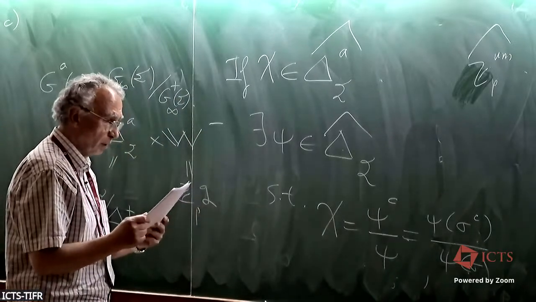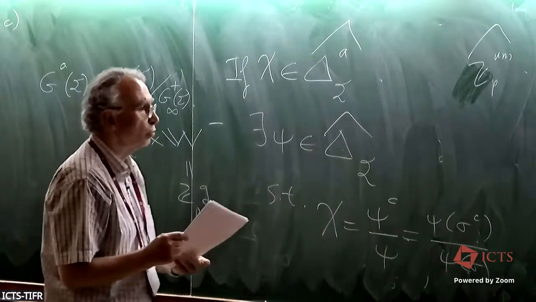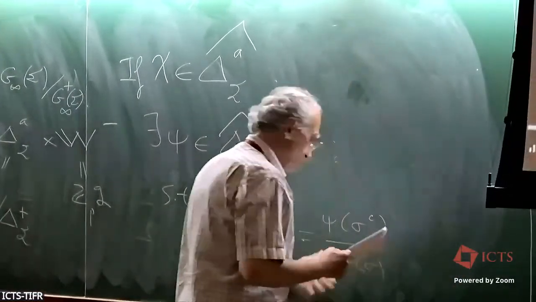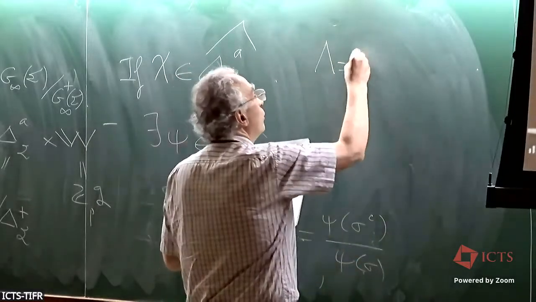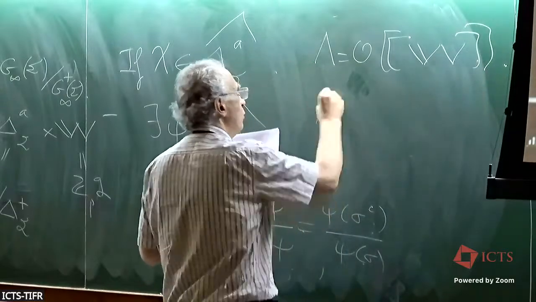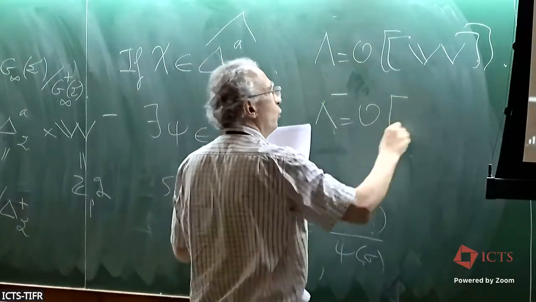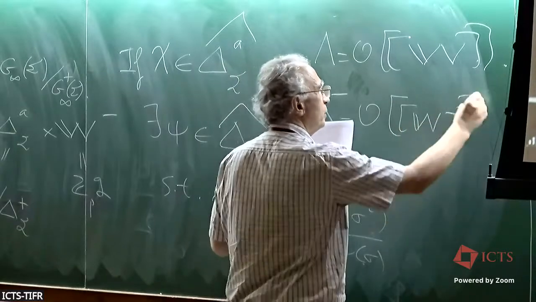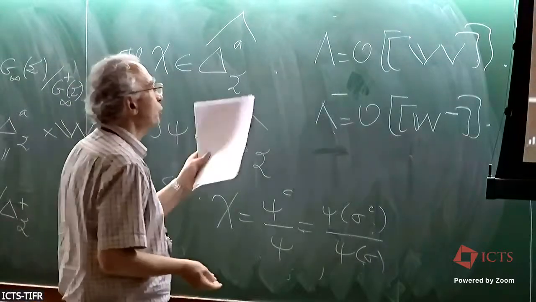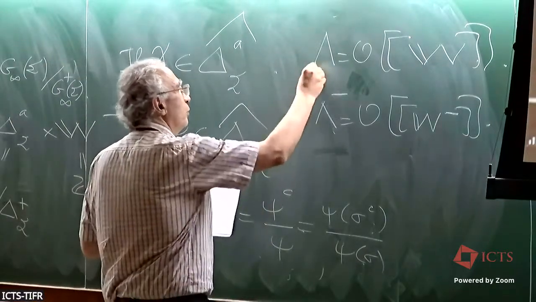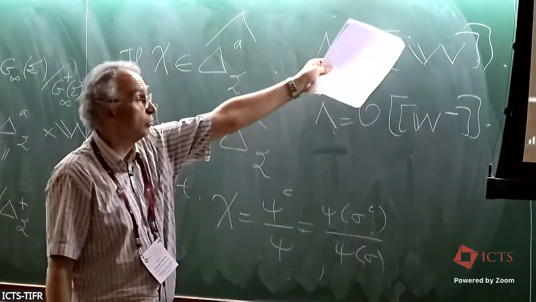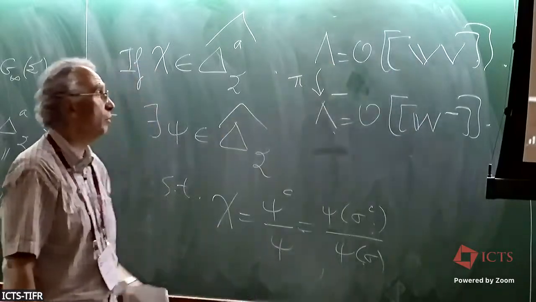And so we introduce Iwasawa algebras. The big Iwasawa algebra is lambda, O double bracket W, and the anticyclotomic Iwasawa algebra, lambda minus, is O double bracket W minus. Of course, there is a projection pi coming from dividing by W plus, taking the minus part.